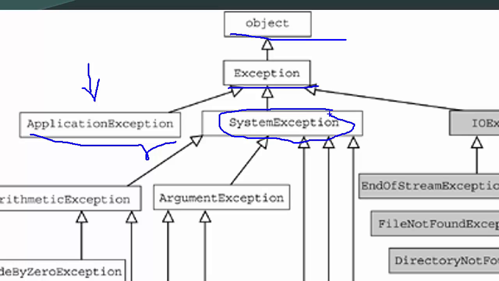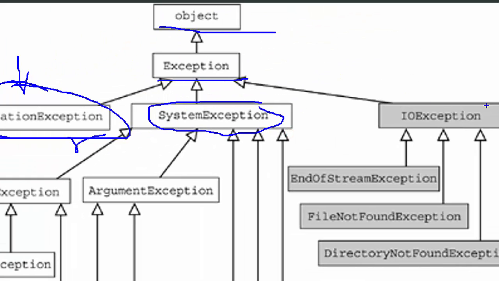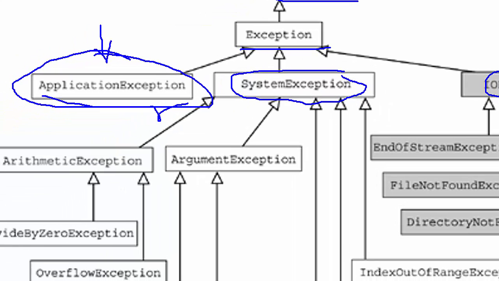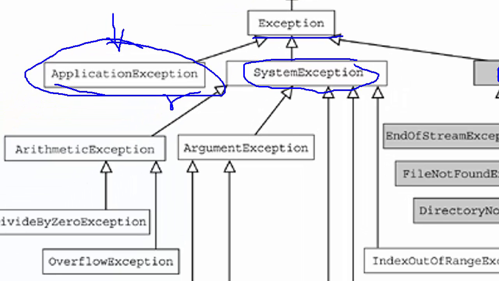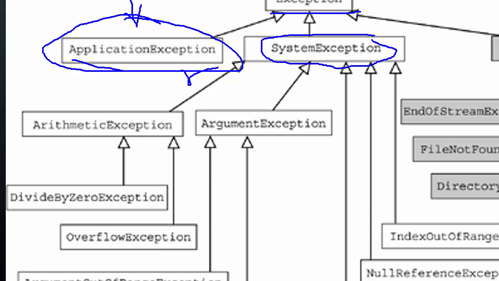I know that there is a repetition because this is System.Exception.SystemException, but that's how it's done because there are two types here. We have this IOException as well, but it's not that interesting. So let's just consider the SystemException. They're in different groups.